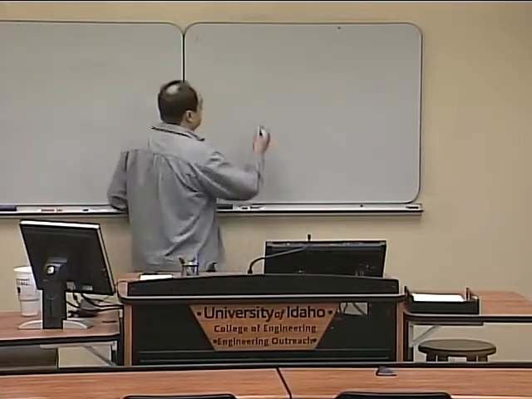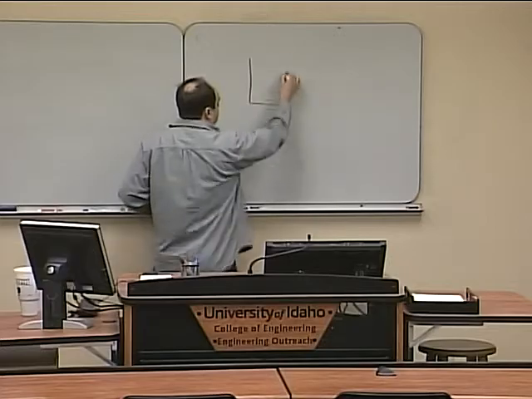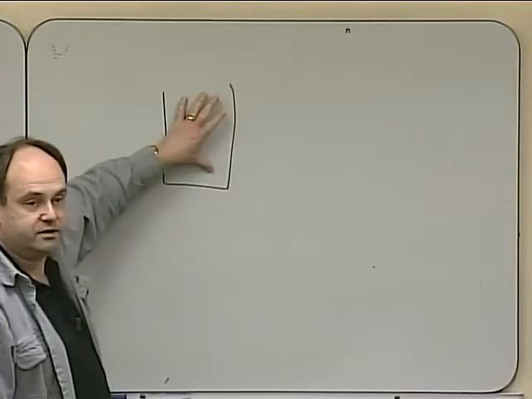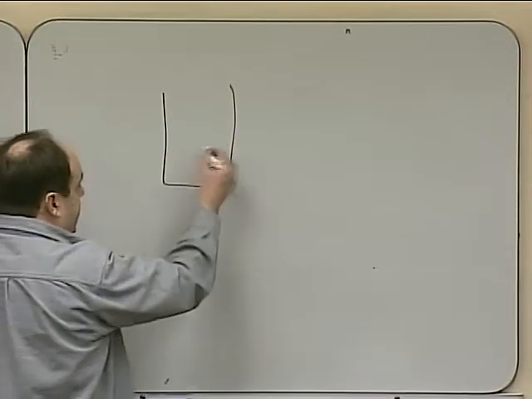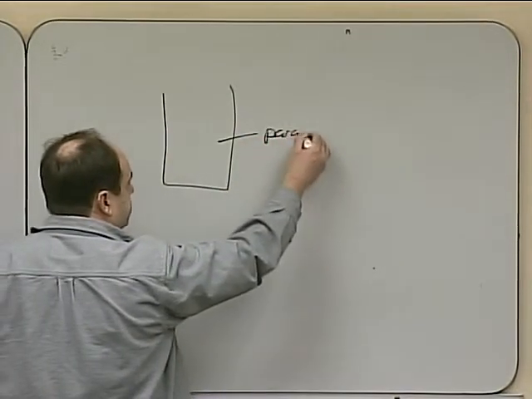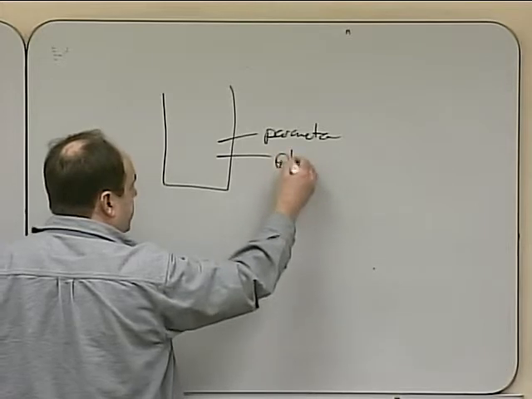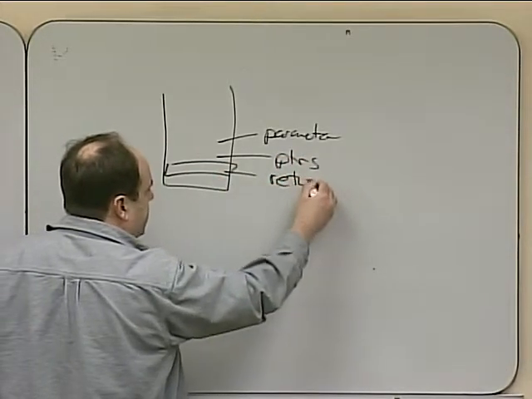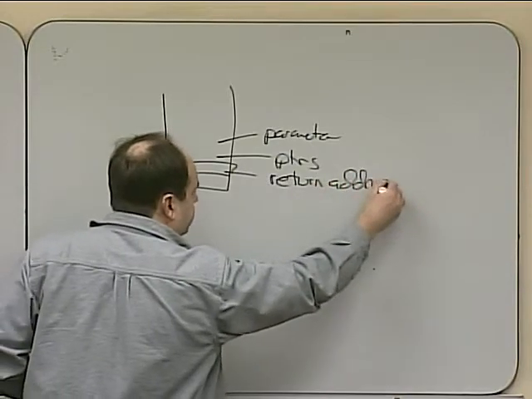I'll actually draw this quickly on the board. The third place that you see this is when you have a program running. Every time you make a function call, you push data onto the stack. That data on the stack has the parameters, some special pointers. But one of the important things it has in here is the return address of where you came from.